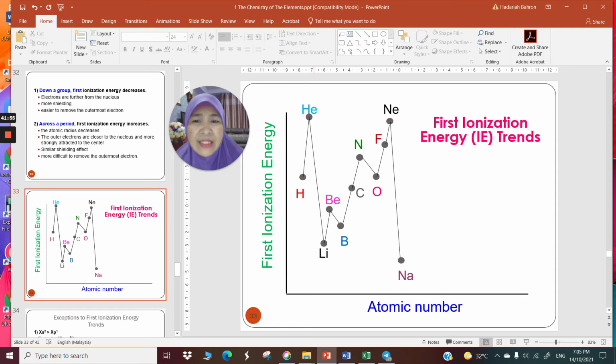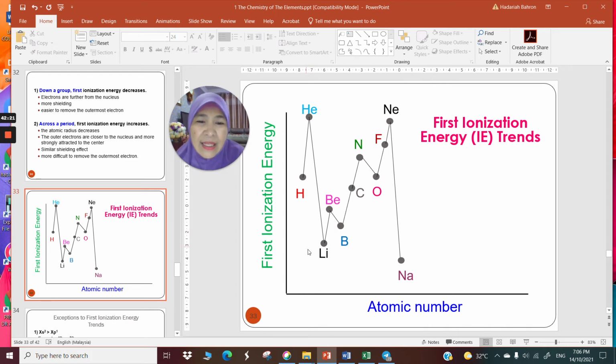You would find that it is quite impossible to remove electrons from any noble gases because they have full electrons already. All the orbitals are full and none of them are free to be removed. So helium, neon, argon, those are all very stable and they will always have the highest ionization energy.